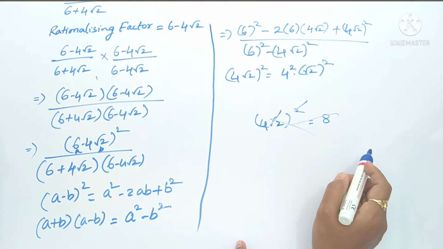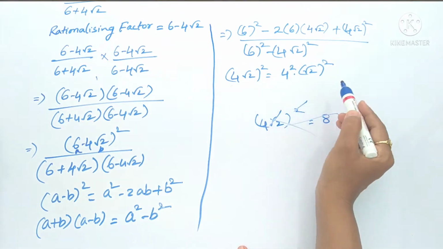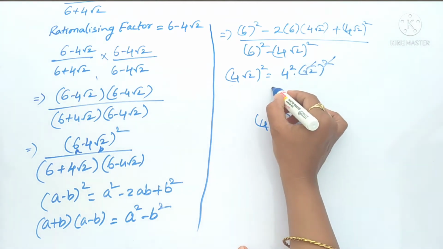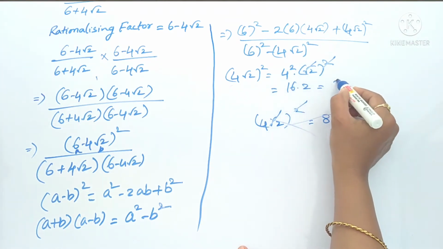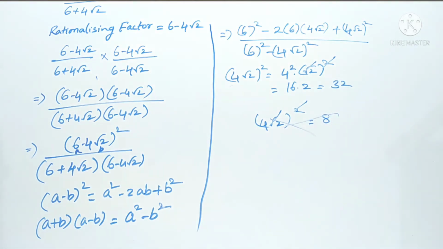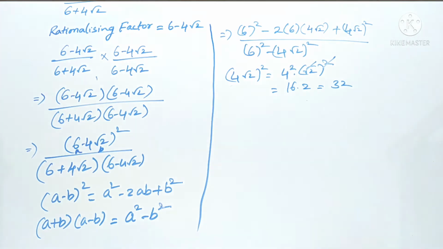No, this is wrong. Okay. So 4 root 2 whole square means 4 square into root 2 square. Now square and root will get cancelled. 4 square is 16, 16 into 2 is 32. Okay. So 4 root 2 whole square has the value 32.